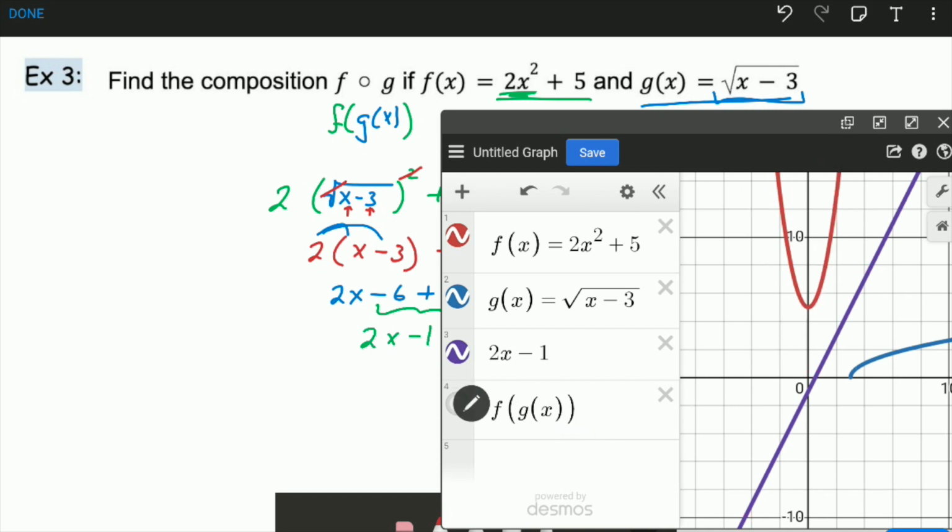But if I actually make the composition visible, we'll see something doesn't match up. So making the composition visible, you can see that the green, which is the composition, starts here and only goes this way.